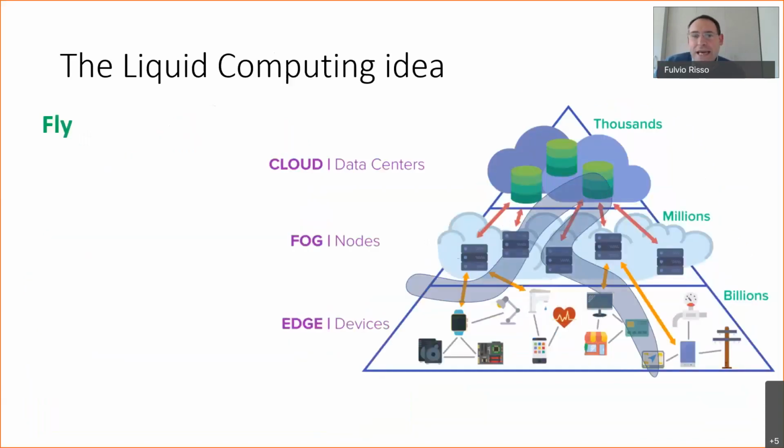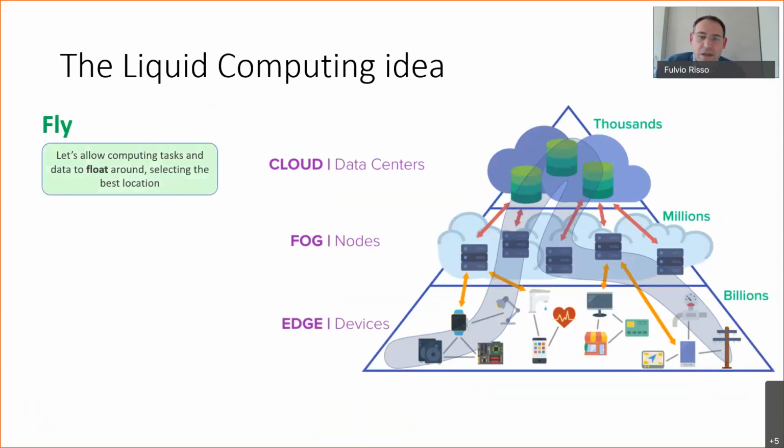Okay, so here we come to the meat of the Liqo project. Liqo stands for liquid computing, and this idea of having computing available everywhere, and we allow our apps to fly around in order to get the best place for them. Of course, this is the first ingredient.